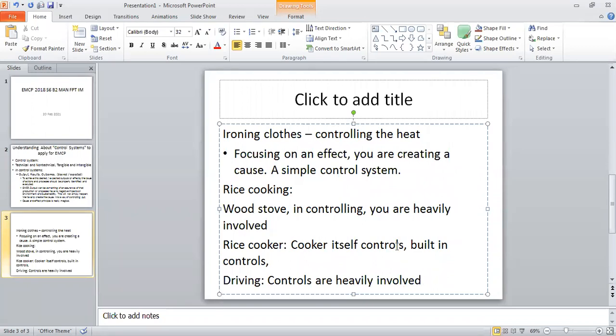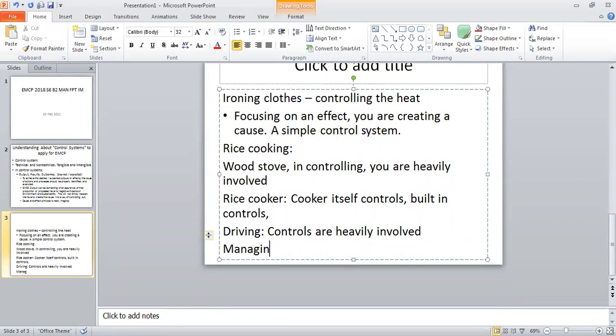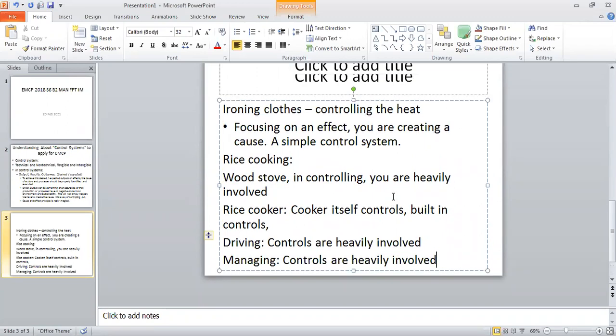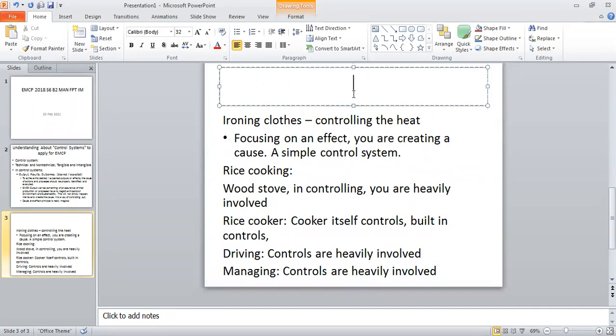Even if you are a manager, when you are managing, controls are heavily involved. So everything seems controlling.